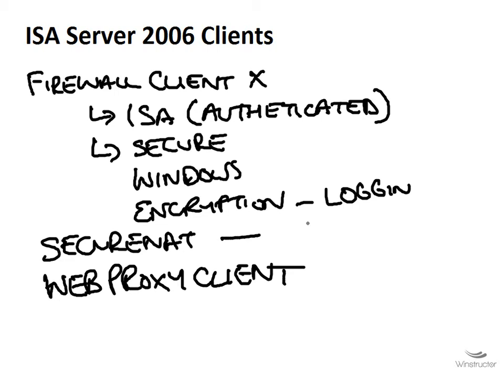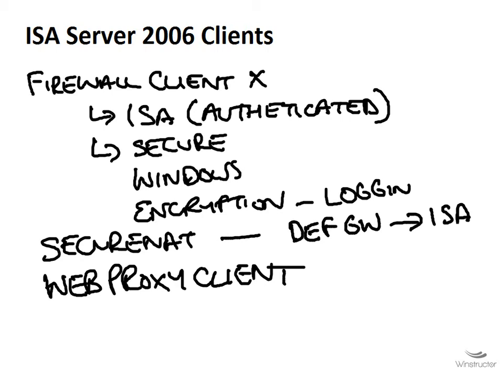Now, the advantage of the secure NAT client is that to configure one, all you need to do is to configure the default gateway on your client and have it point to the ISA server. Alternatively, you could configure it to point to a router that's then configured to forward IP packets to the ISA server. Either way, that's all you need to do.